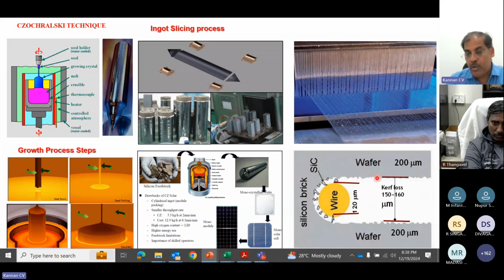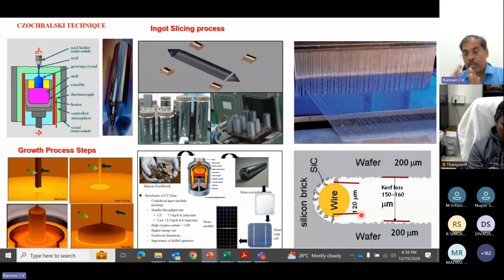To produce 200 micron you can use a 35 or 40 micron wire, so the kerf loss is drastically reduced.